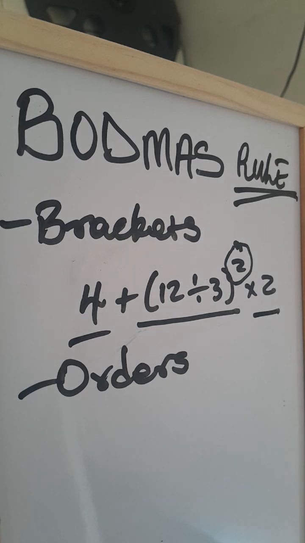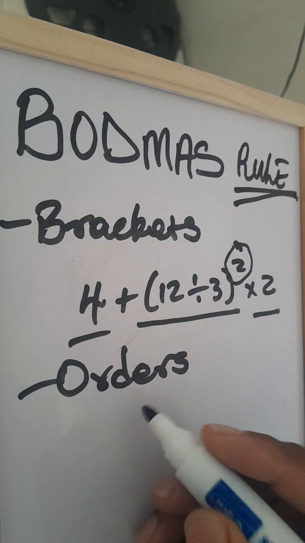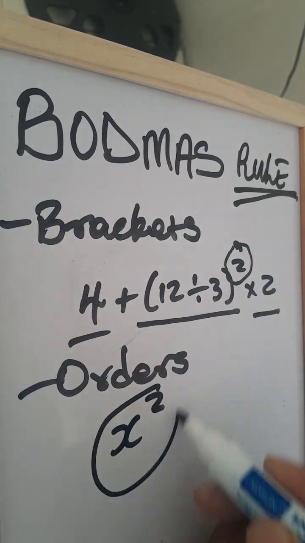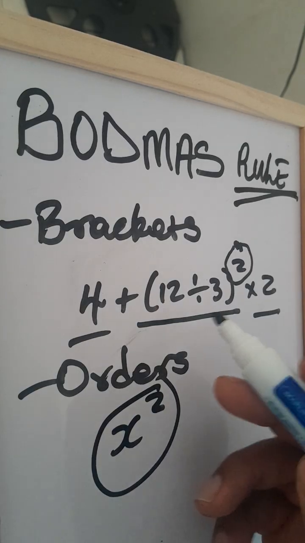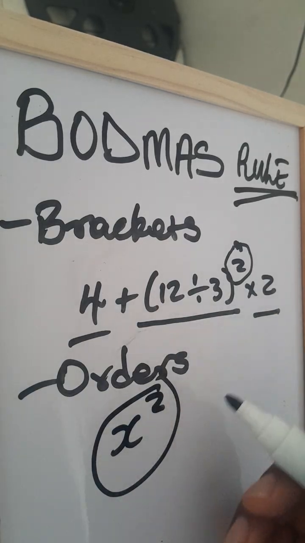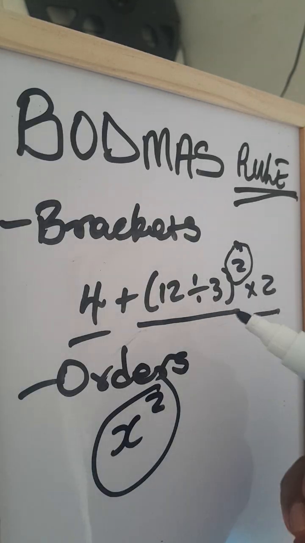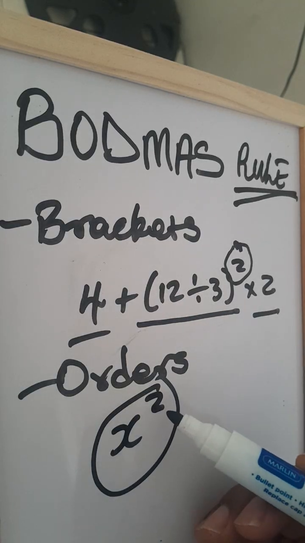So basically, when we talk about orders, we talk about things like x to the power 2. We solve things like that. After we dealt with the bracket, we remove the brackets, like here. The answer that we will get will be x to the power 2.